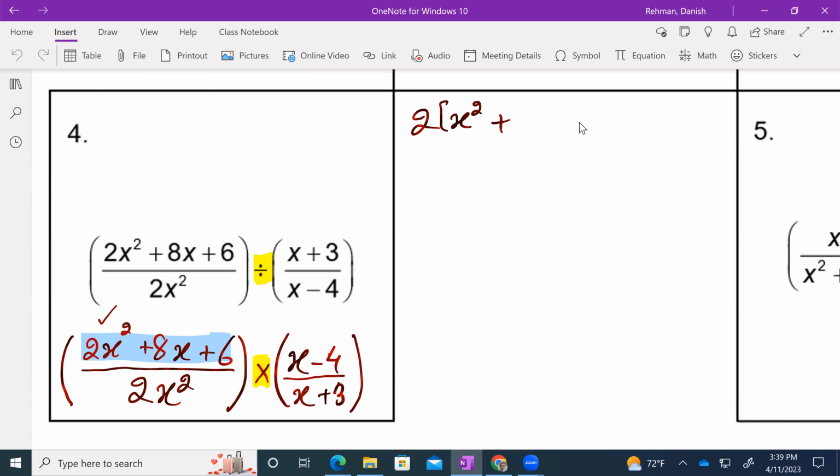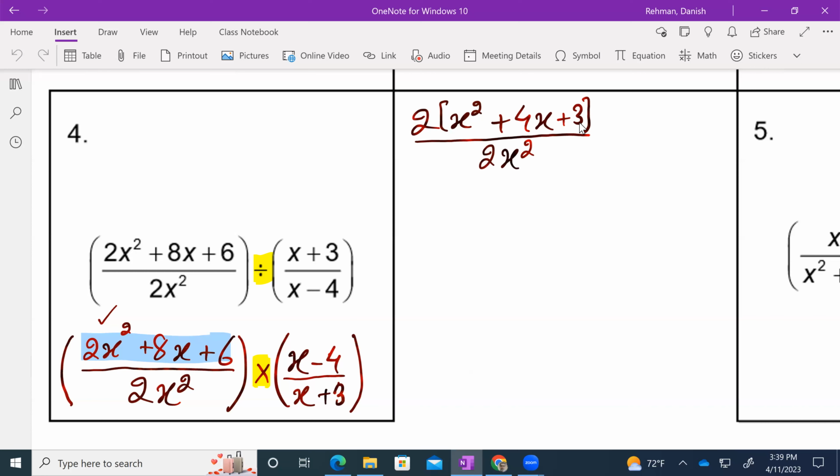I will be dividing 8x divided by 2, 4x. So I will put there a 4x. And then plus 6. 2 is taken out, that means we are dividing it by 2. So that will be a 3. We took care of the numerator from the first fraction, first rational function. And then that is divided by 2x squared. Agreed?